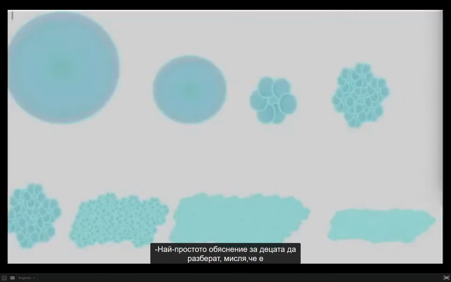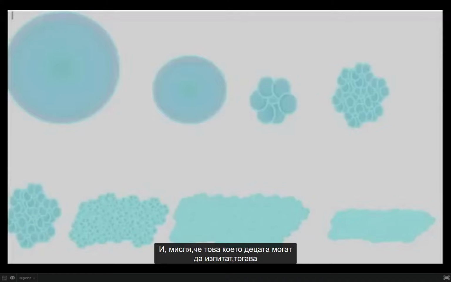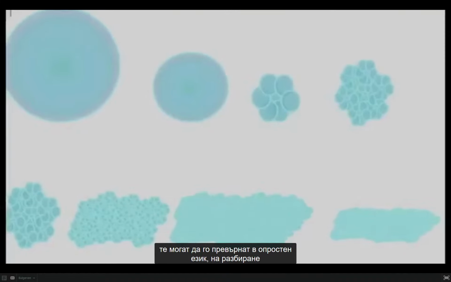The simplest explanation for children to understand, I think, is going back to what they can experience physically. And I think what children can experience, they can then translate to a simpler language of understanding.